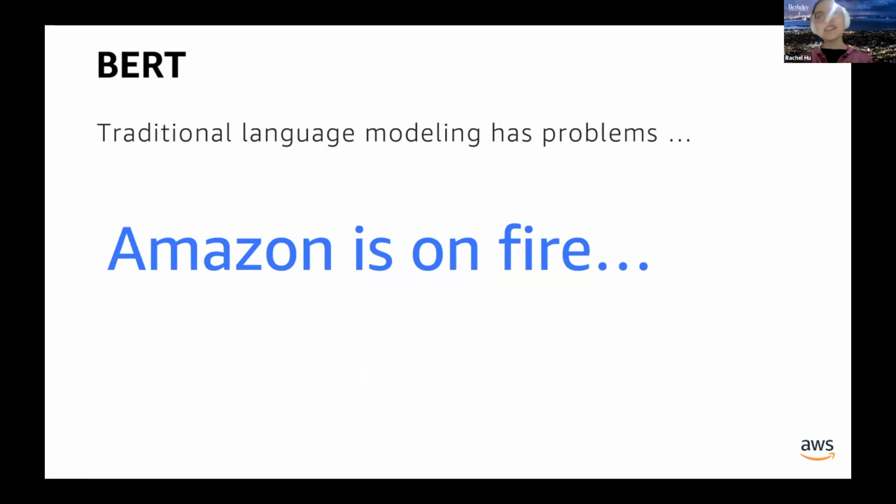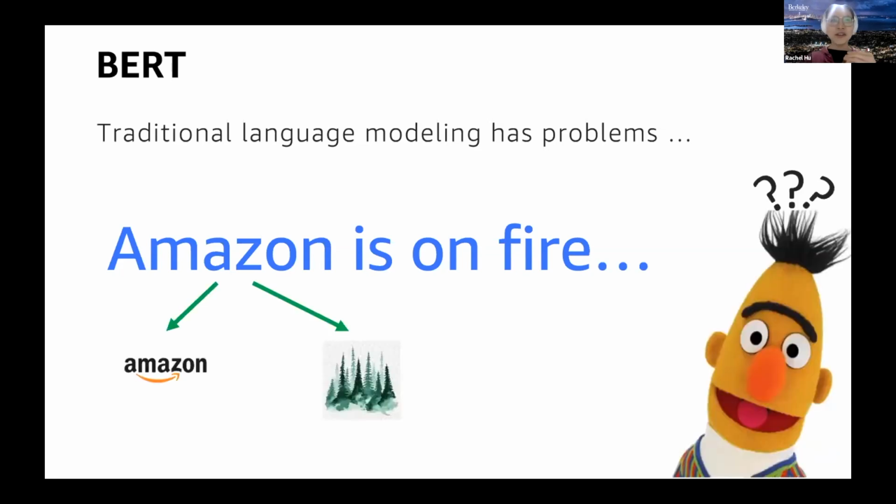I remember a few months after I joined Amazon, I saw a news title, "Amazon is on fire." And I was super confused at that point. I was thinking, did they mean Amazon the forest or Amazon the company? And "on fire" is even trickier.